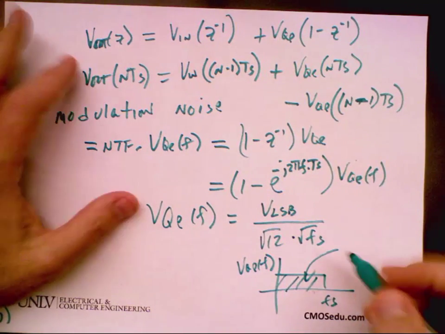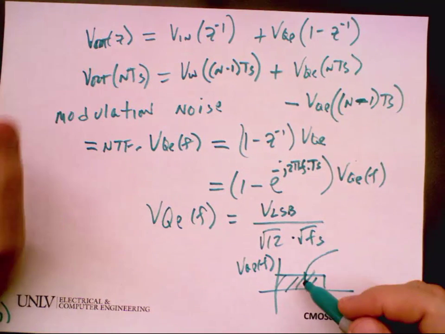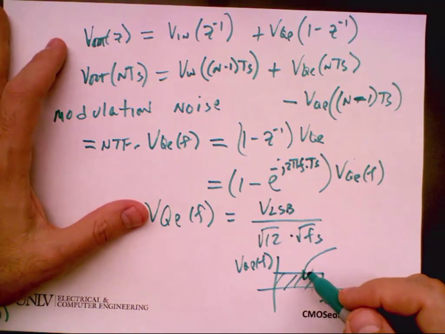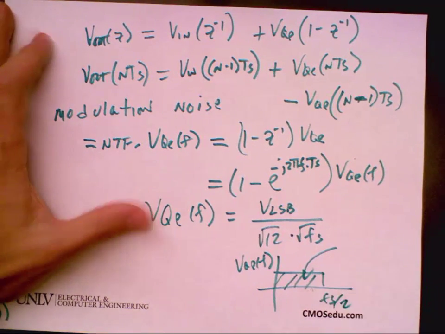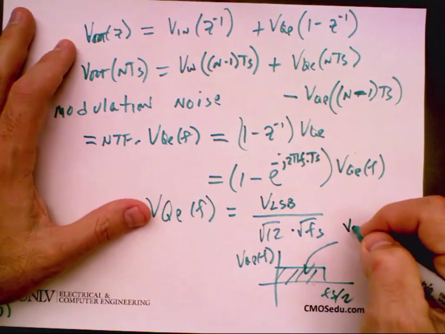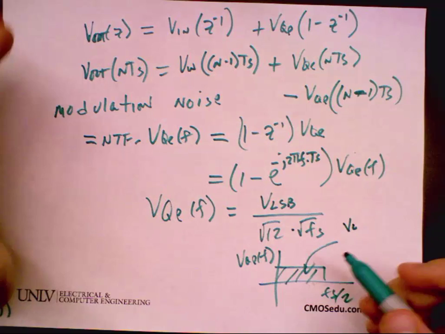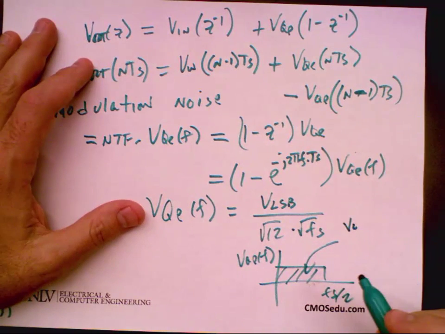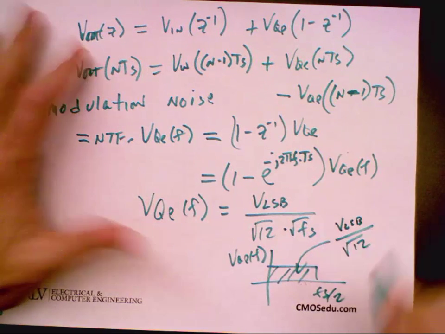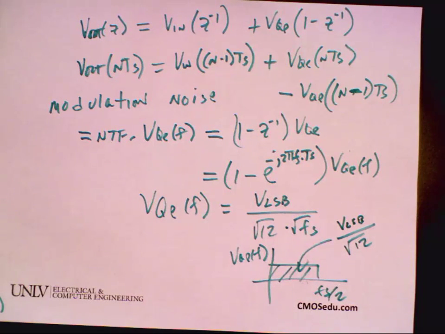If we integrate for the VLSB, well, wait, it's not a probability density function. It integrates to what? The RMS value. Yeah, but what is VQE RMS? Yeah, I'm just repeating myself. You can see the assumptions that are made.